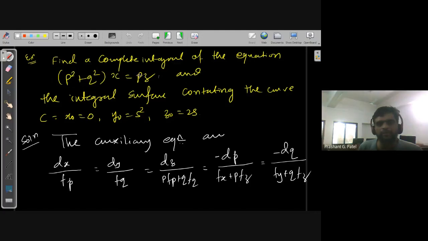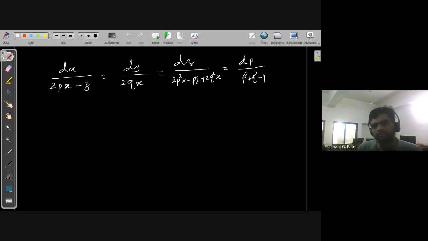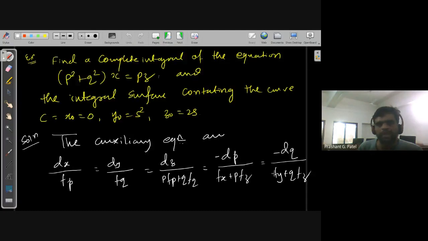Fz is minus p, so it is minus p square, equal to dq upon fy, which is 0 because there is no y here, plus q fz, that is minus pq.